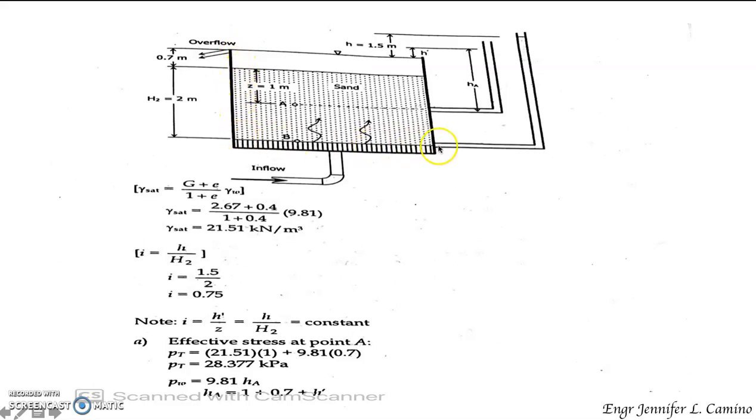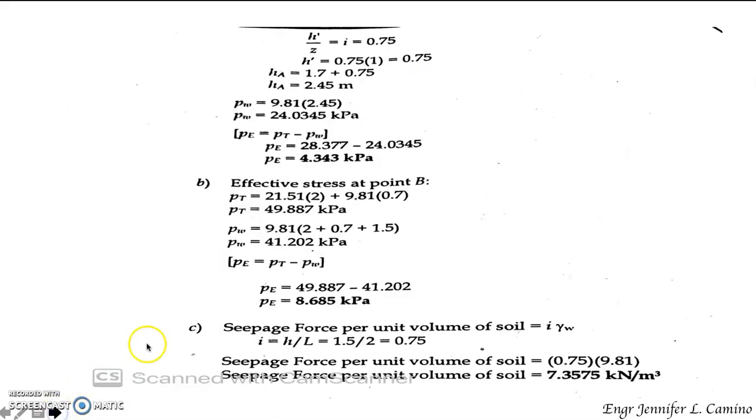This is connected to this standpipe, so plus 1.5. So meaning to say the height of the water will be 0.7 plus 2 plus 1.5 times the unit weight of the water, which is 9.81. So we have now the value of 41.2 kilopascal. And to get the effective stress, we have 49.88 minus 41.2. It gives us 8.68 kilopascal.